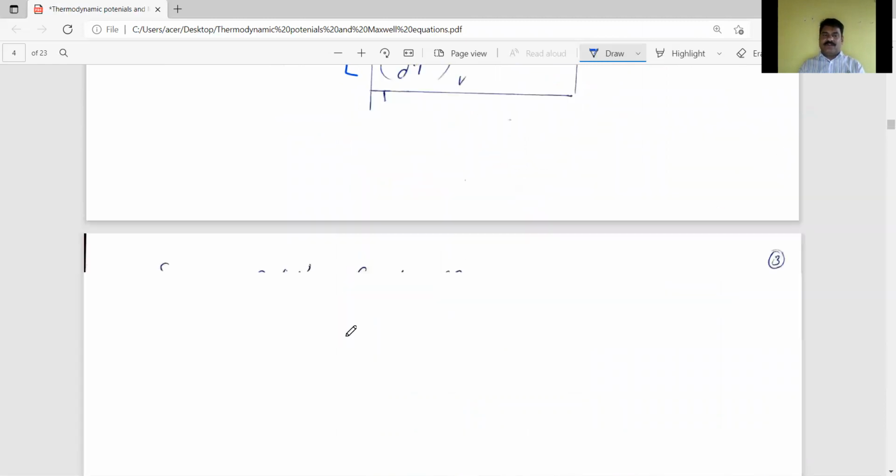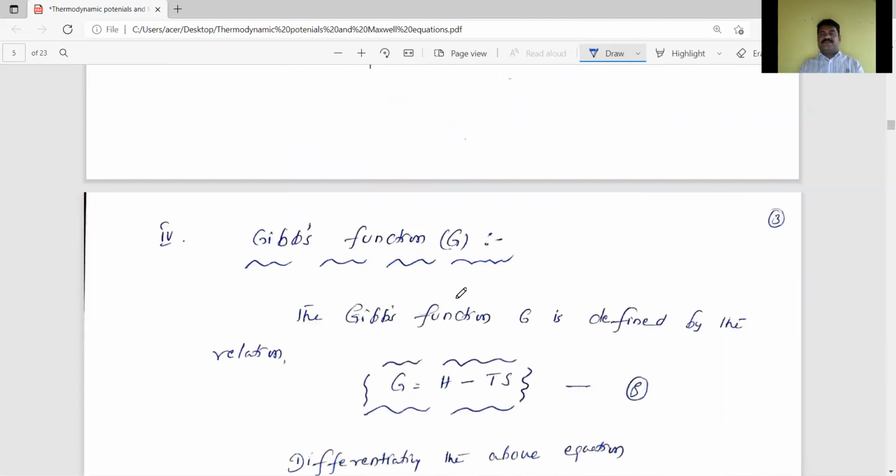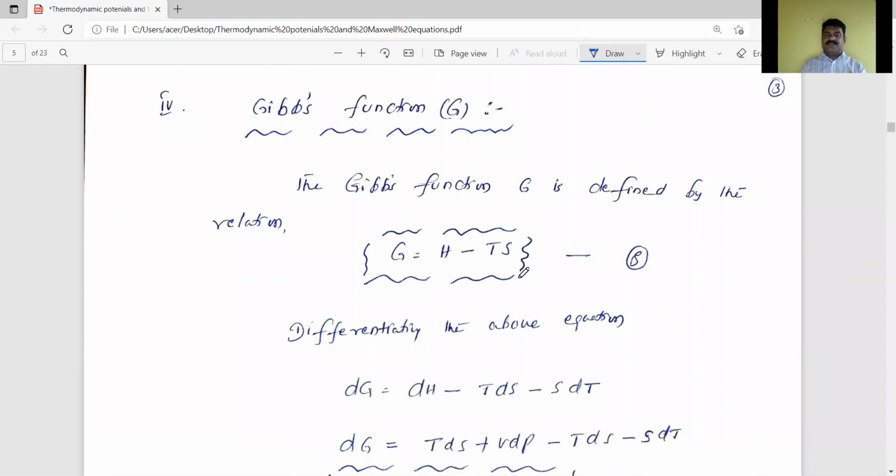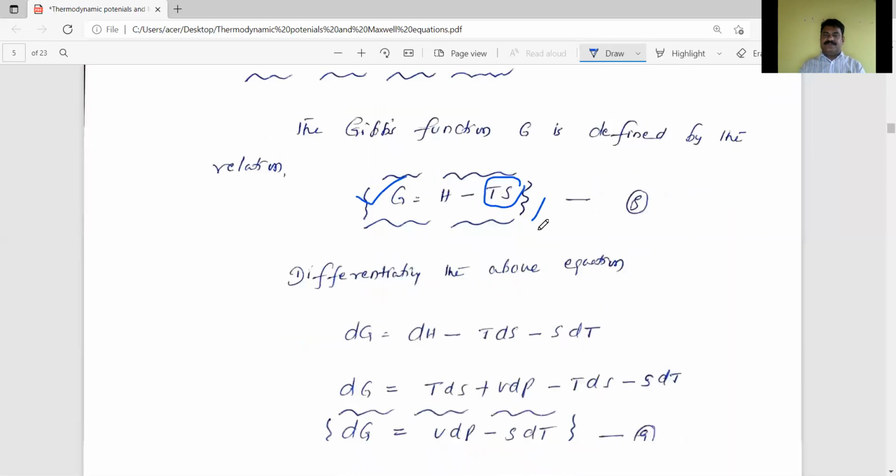After that, we have seen the Gibbs function, G. The Gibbs function is defined with the relation G equal to H minus TS, where H is the enthalpy and TS is the unavailable energy in the system. If you subtract this from the enthalpy, you get the Gibbs function or Gibbs energy.